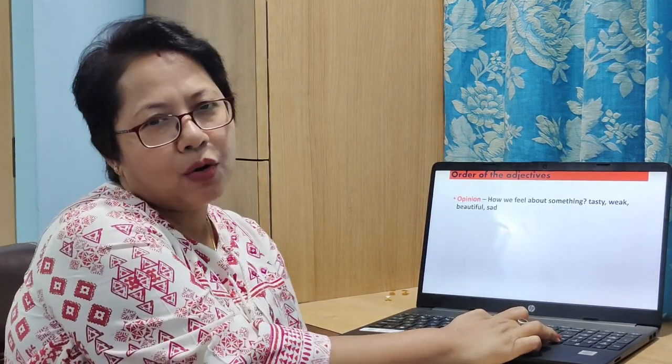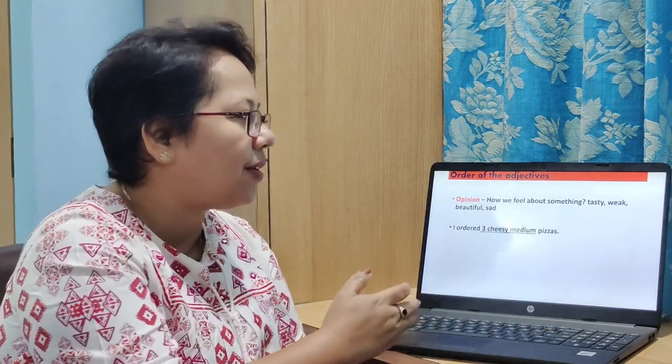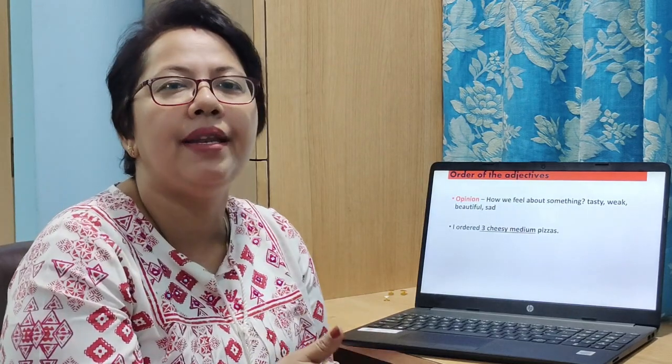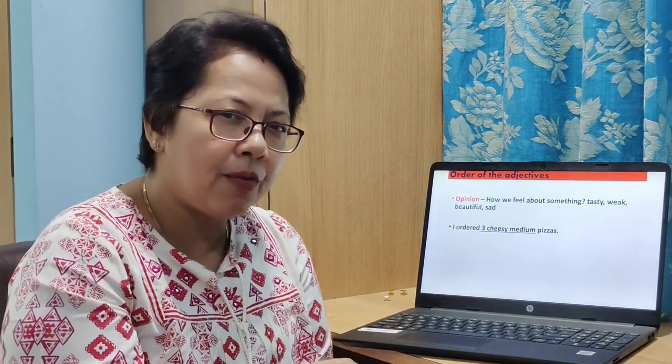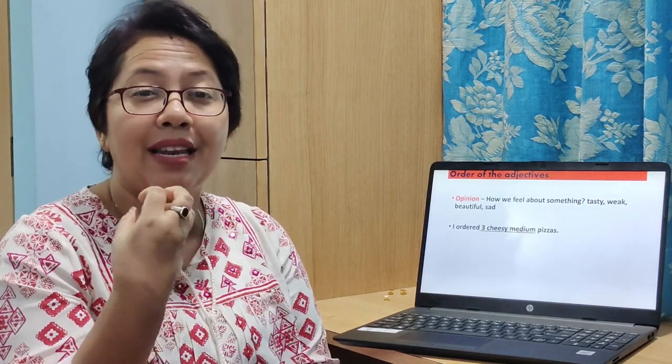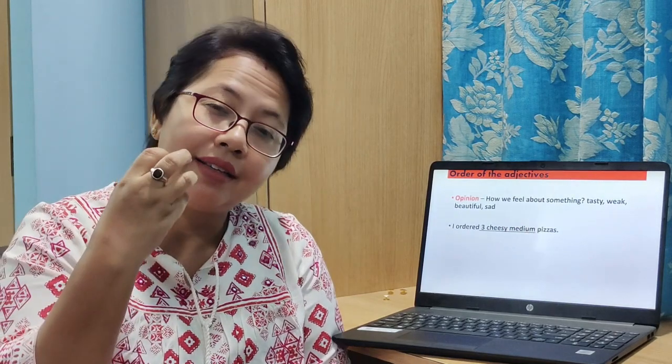Now again, when we talk about opinion, that means how do we feel about it, whether it's tasty, or whether he or she is weak, healthy. So, for instance, the earlier sentence I had used, I ordered 3 medium pizzas. Now remember, we don't say pizza with a t, it's pizza. There is a silent t there without it being there in the spelling.